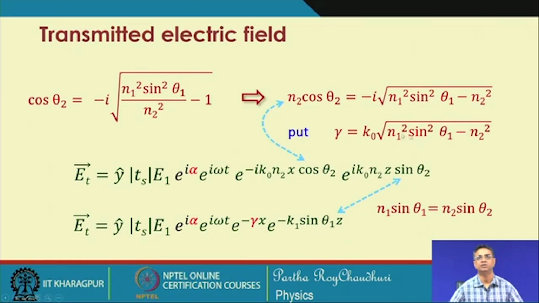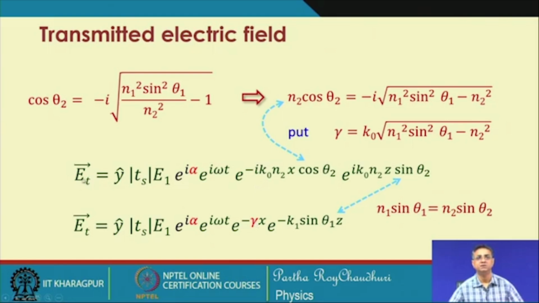This is exactly what we have shown here. N2 cosine theta 2, you just multiply on either side, and if you multiply both sides by k 0, then this quantity can be written as gamma. So, k 0 n 2 put together we write as gamma, with minus i of course.